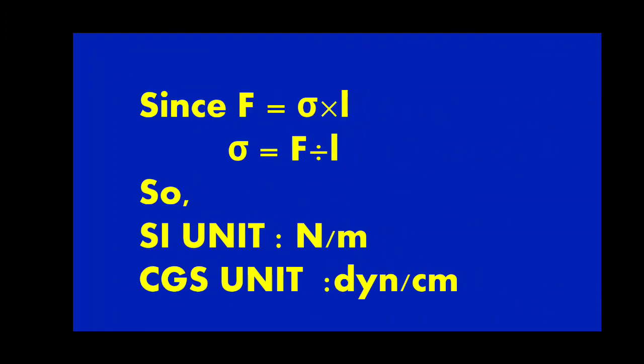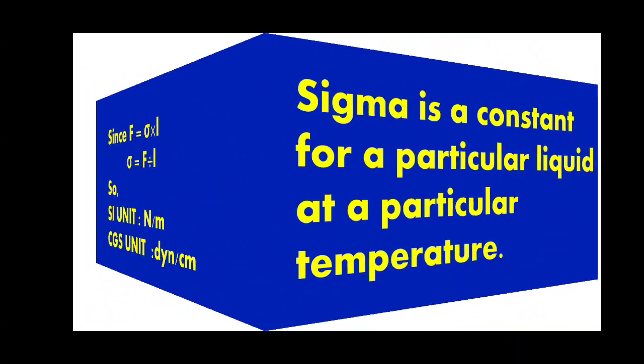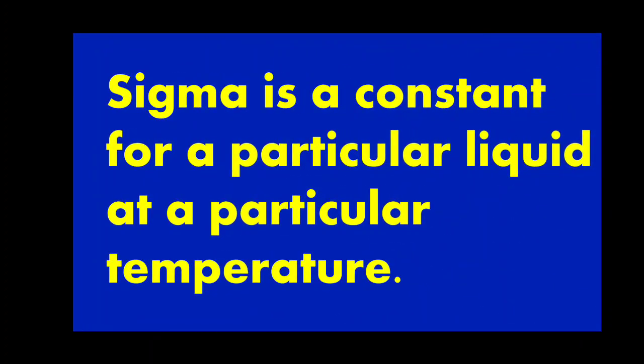Here you see, since F is equal to sigma into L, we can say sigma can be written as F divided by L. And we can come to a conclusion about the SI unit and CGS unit of surface tension denoted by sigma. So sigma is equal to Newton per meter in the SI system and dyne per centimeter in the CGS system. Surface tension is a constant for a particular liquid at a particular temperature.